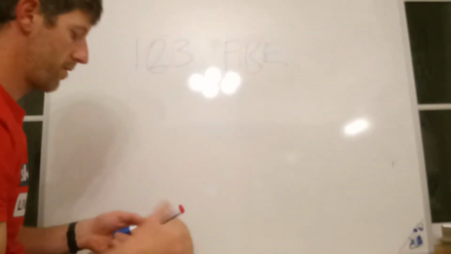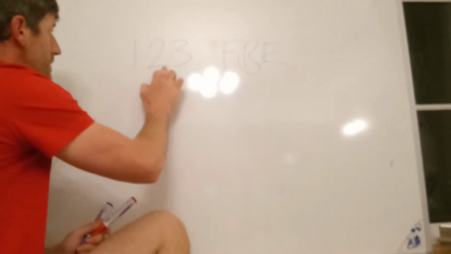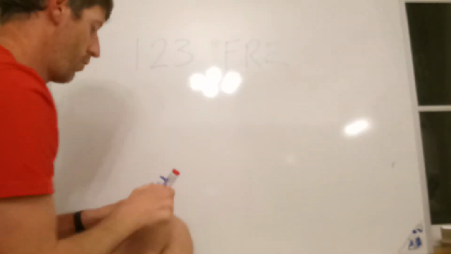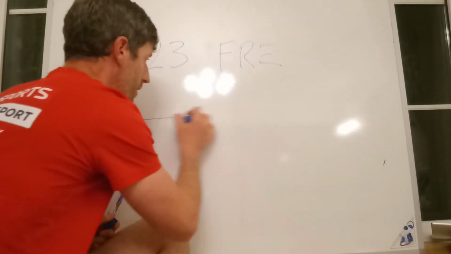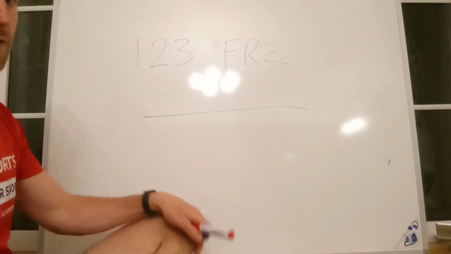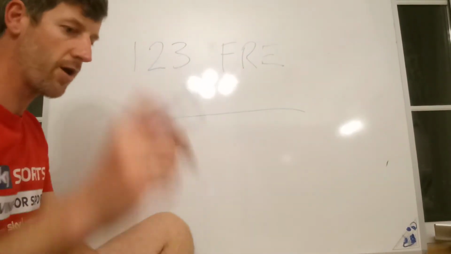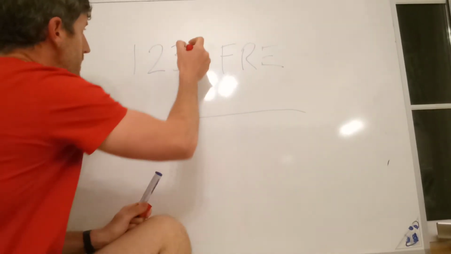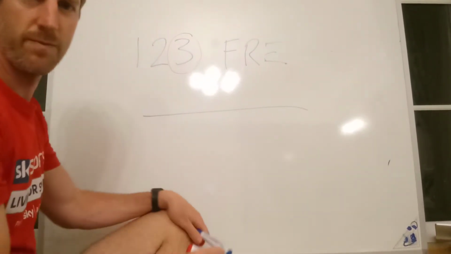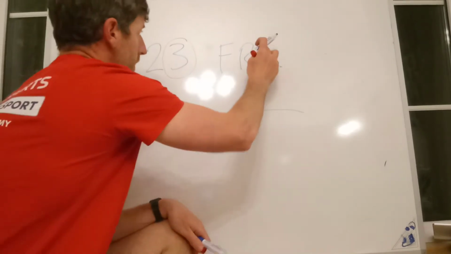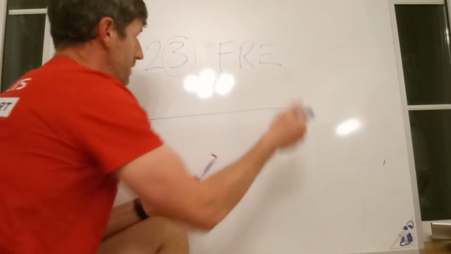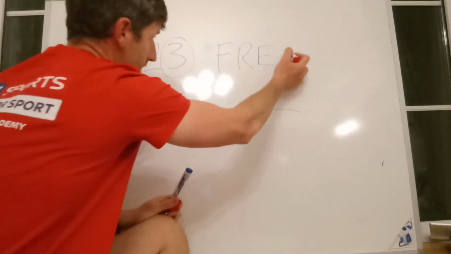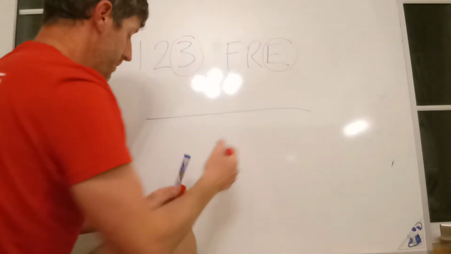Now, keeping on working with this memory tool, all you need to know at the moment is the diagram and where the F, R, E go on this line. So let's look at class 3. We've got a class 3 lever system, which means the effort is in the middle.